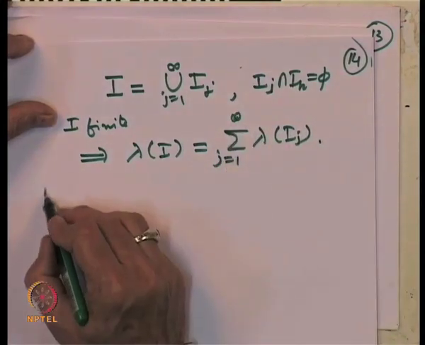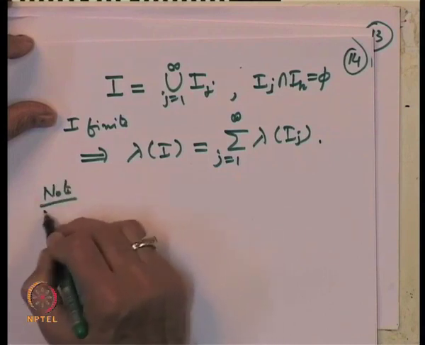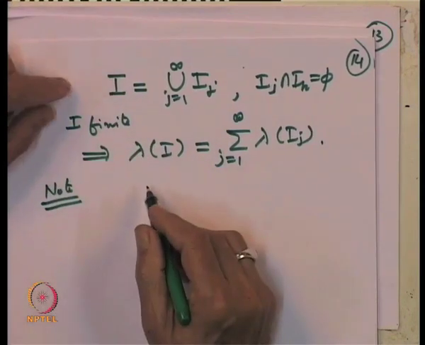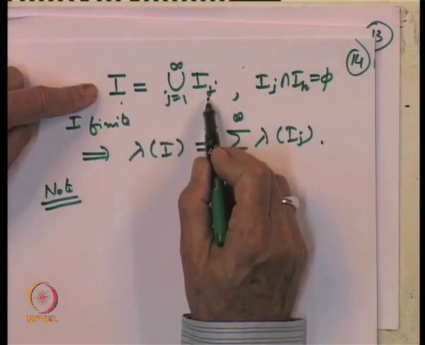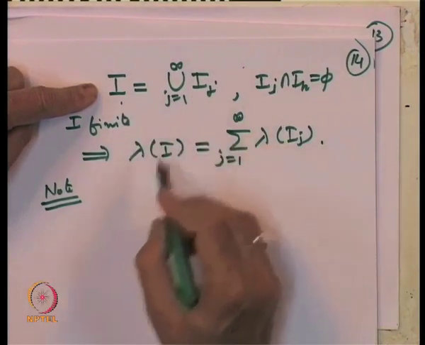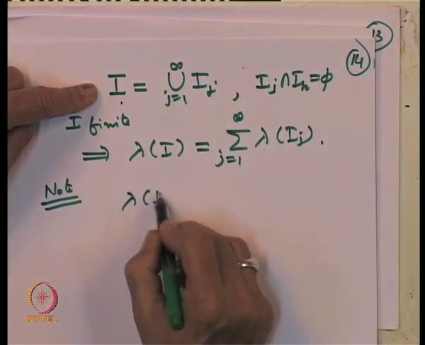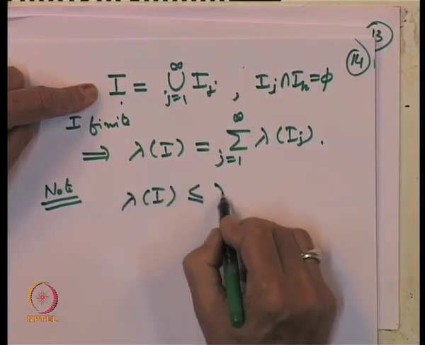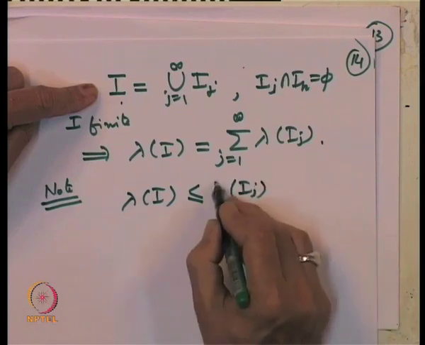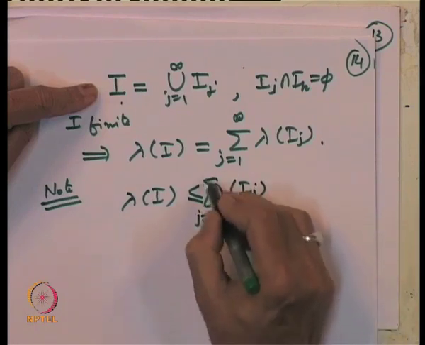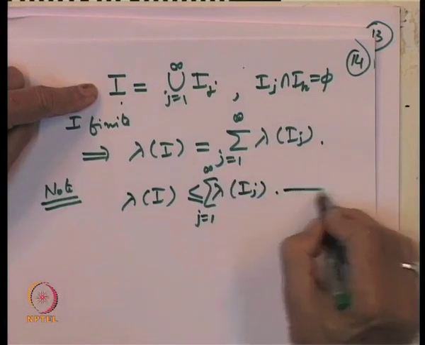Let us note, we have already proved just now that if an interval is written as a countable disjoint union, the length of I is less than or equal to the sum of the lengths of the I j's, j equal to 1 to infinity.